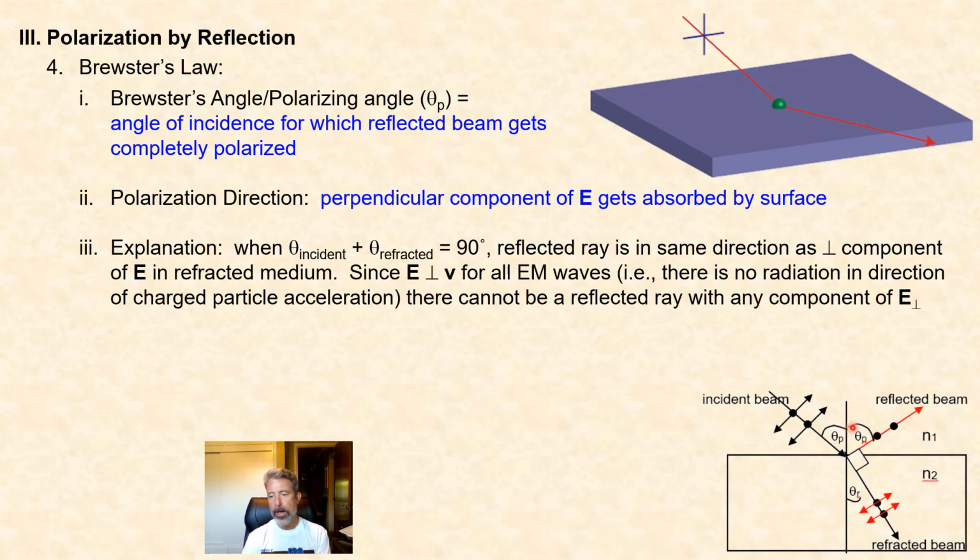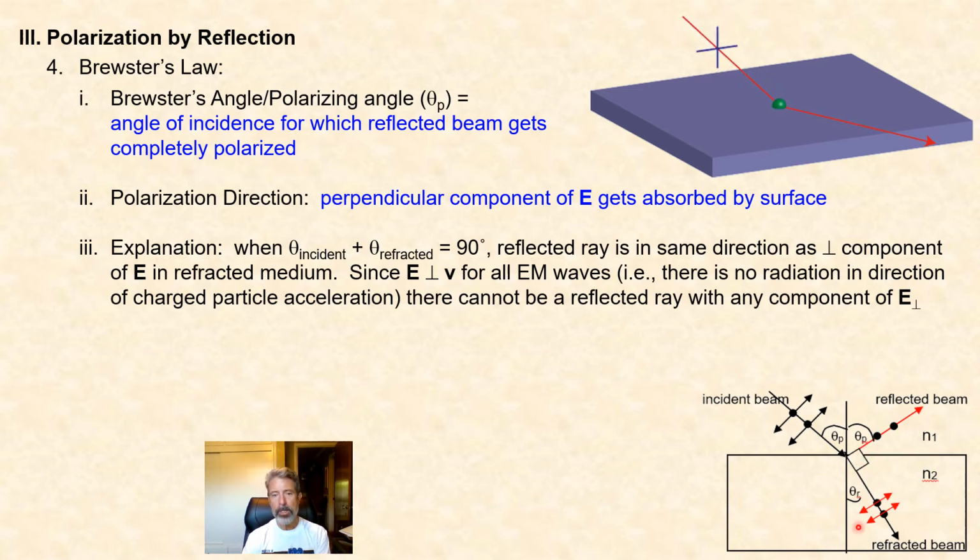So when theta sub p plus the angle of refraction is equal to 90 degrees, what that tells you is that this angle right here must be 90 degrees as well.